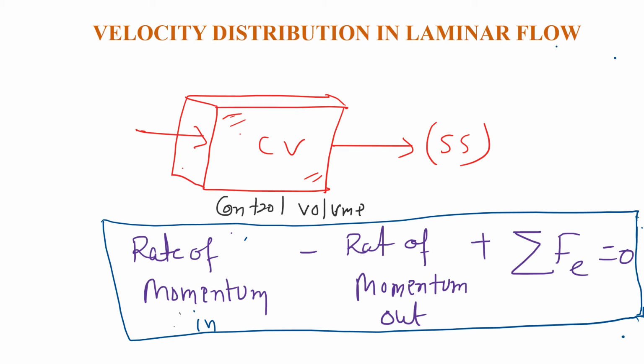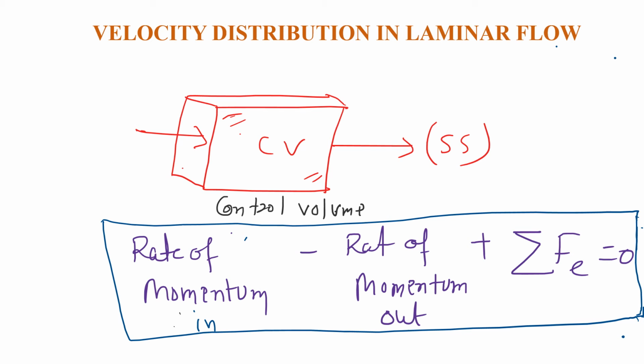All these will result in a change in internal energy of the control volume. So for a control volume, writing the conservation equation is slightly more involved, but for a control surface, it's very easy.